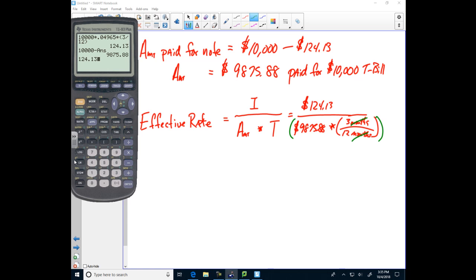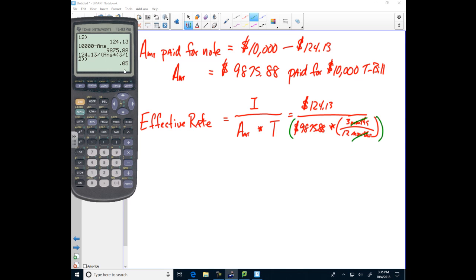So 124.13 divided by, open parentheses, second answer, so that gets the 9,875.88, or whatever it's rounded off to be, times, open up this parentheses right here, 3 divided by 12, close that parentheses, that's the red one, another parentheses, that's the green one. Press enter.